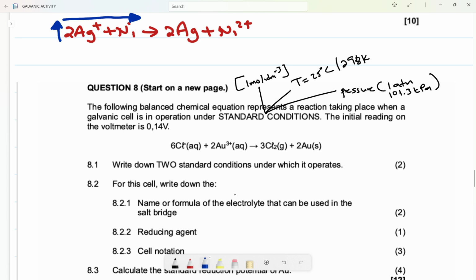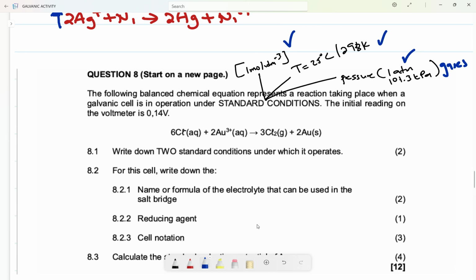But this one we only use if and only if there is gas. The first two are applicable for everything including gas, this one is applicable only for gases. So for gases we have three, for aqueous and others we have only two. I hope that makes sense.